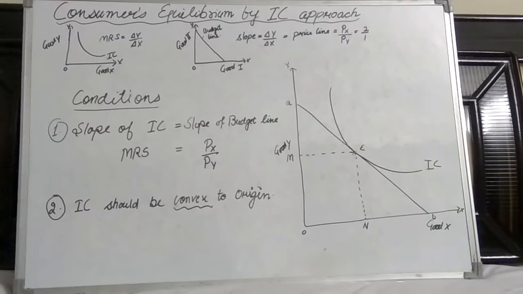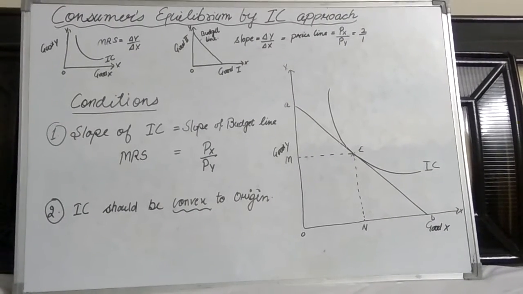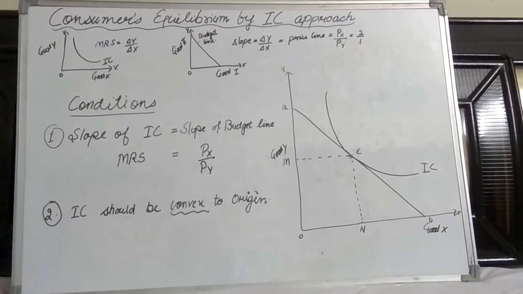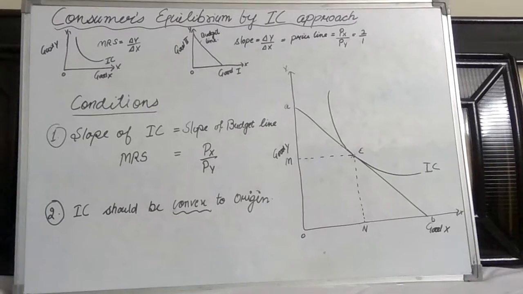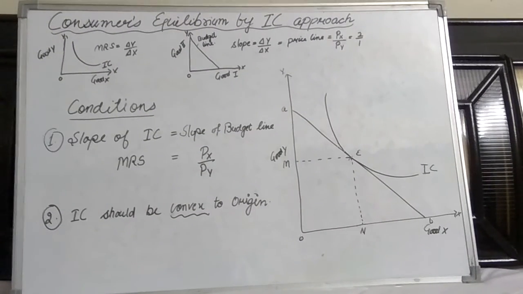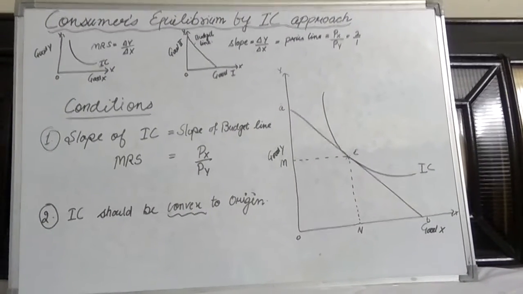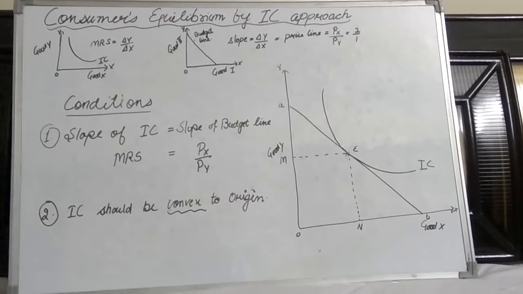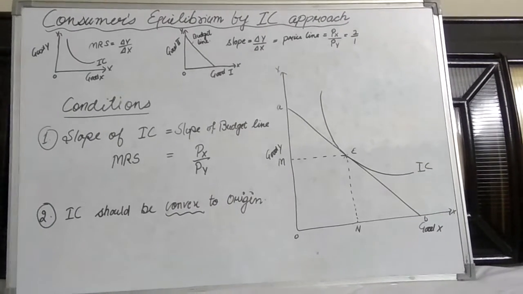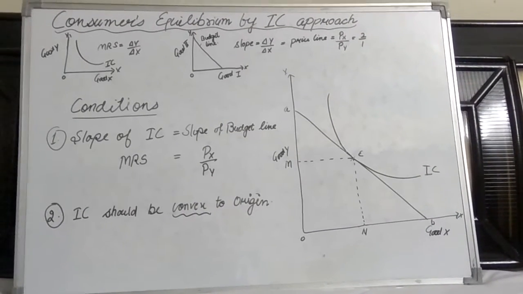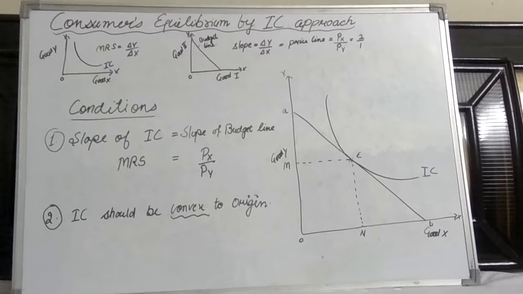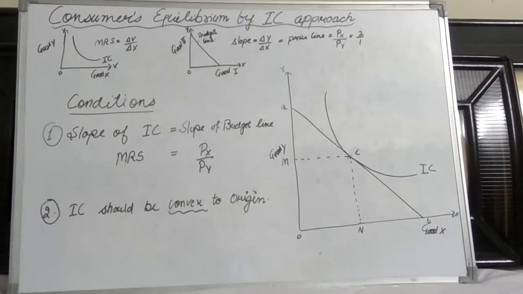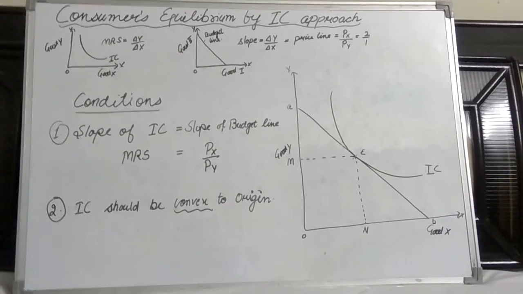Here at the point E, which is termed the point of equilibrium, IC is touching the price line. This is called the point of tangency because at this point the IC curve is touching the price line at one point only, and this is called the point of equilibrium.